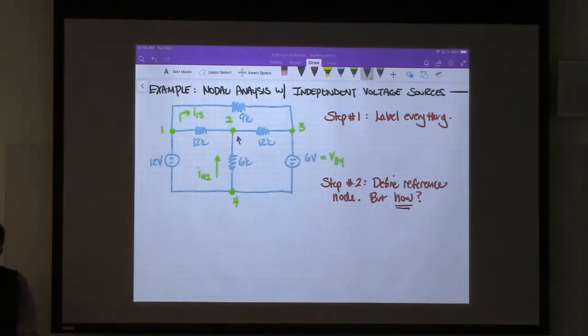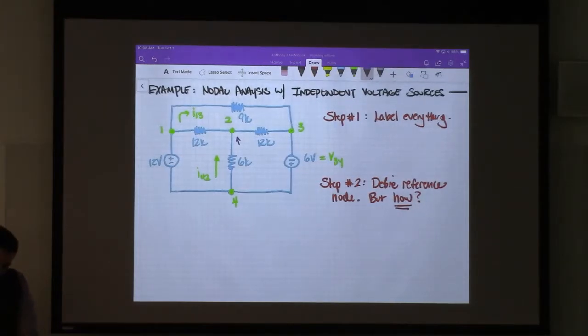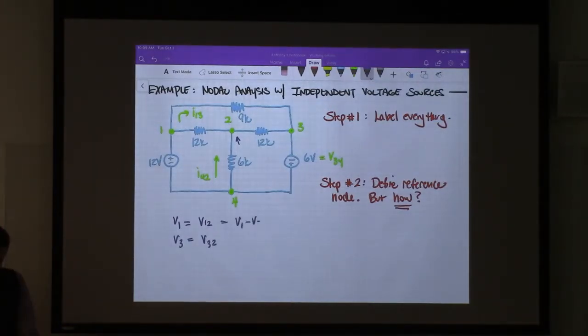Then the voltages we would actually be solving for would be V1, which is really V12, V3, which is really V32, because V1 minus V2 equals 0 and V3 minus V2 equals 0, and V4, which is V42, which is V4 minus V2.